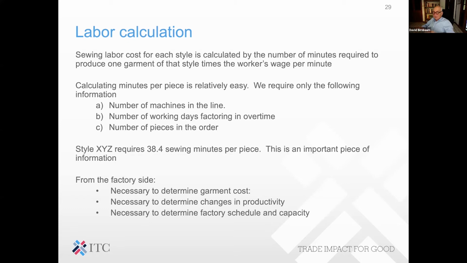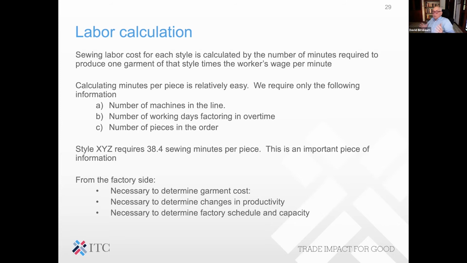There are reasons for this, and we're going into this in some detail. Bear with me. For a past order, you have to know the number of machines in the line, the number of working days, factoring in overtime, and the number of pieces in the order. So that, for example, style XYZ will take 38.4 sewing minutes per piece.